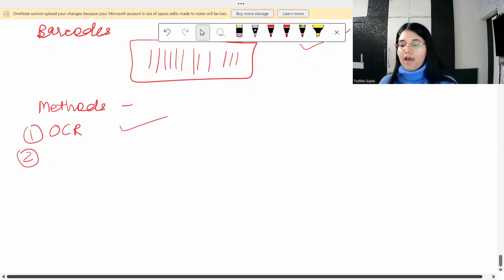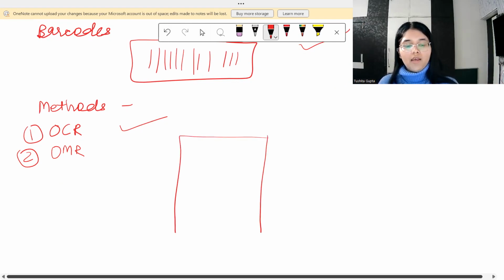Then another thing that you have is OMR. Optical mark recognition is what OMR stands for. So if you have given any exam which uses OMR technology, probably for question number 1, you have A, B, C, D. You are supposed to fill in the entire option which you are selecting as the right answer.